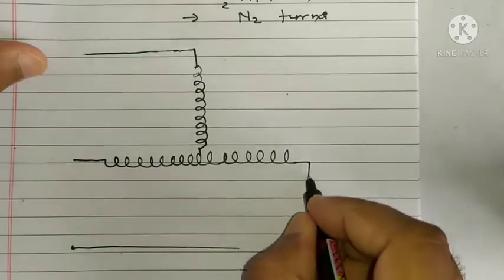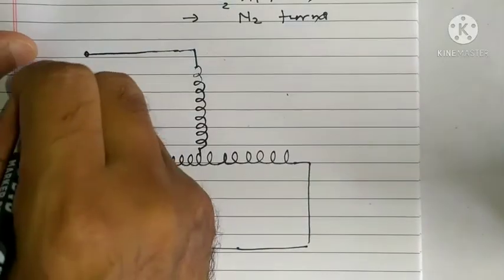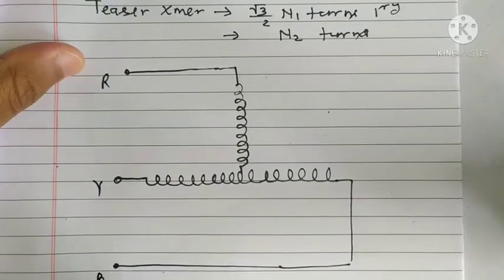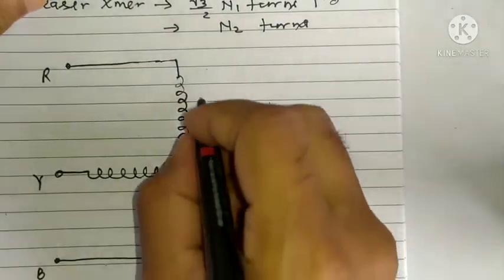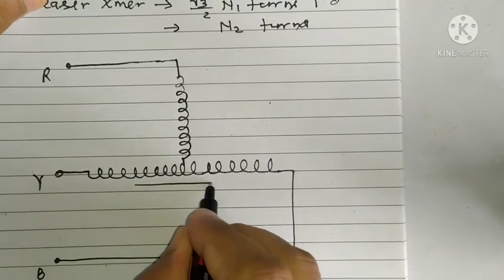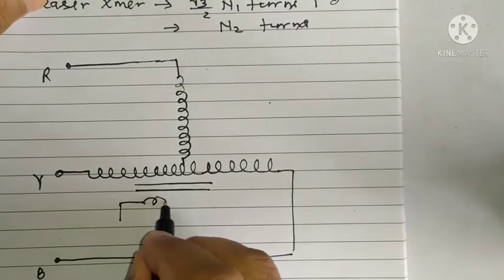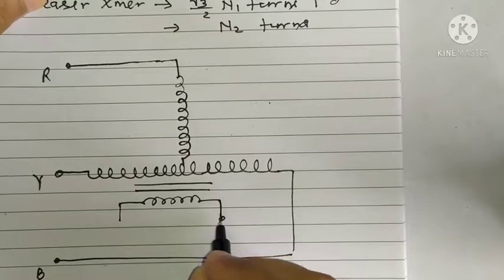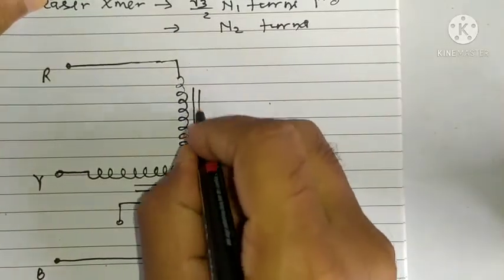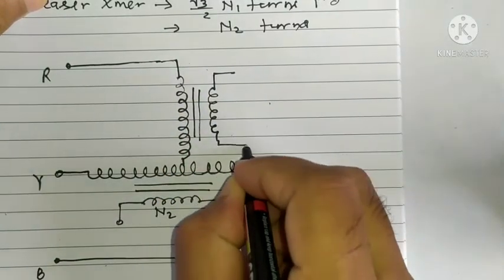So these are three-phase supply R, Y, B. It has secondary winding with N2 turns, and this transformer is also having secondary winding with same number of turns.